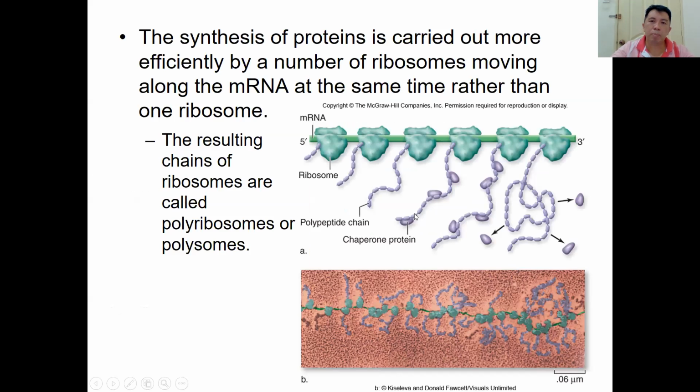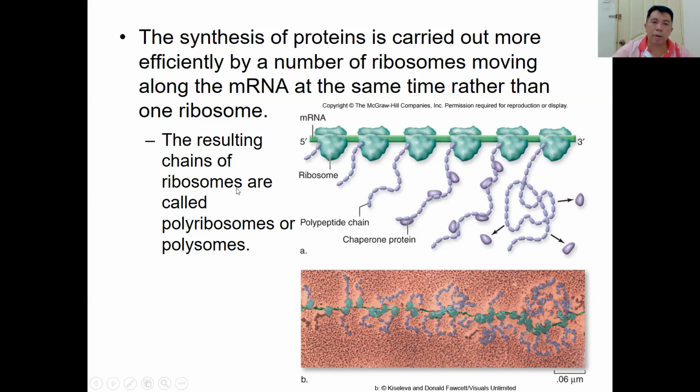The synthesis of proteins is carried out more efficiently by a number of ribosomes moving along the same mRNA at the same time, rather than just one ribosome. You can see here, 1, 2, 3, 4, 5, 6 ribosomes attached to only one mRNA. That means at the same time, at least from this diagram, 6 polypeptides are being synthesized.